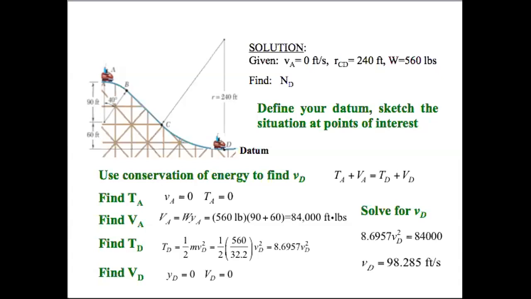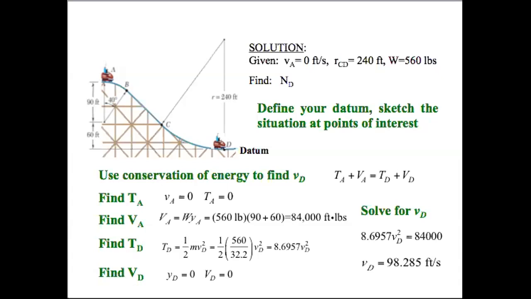First, draw a diagram with the car at points A and D and define our datum. Now, we use the conservation of energy to solve for VD.